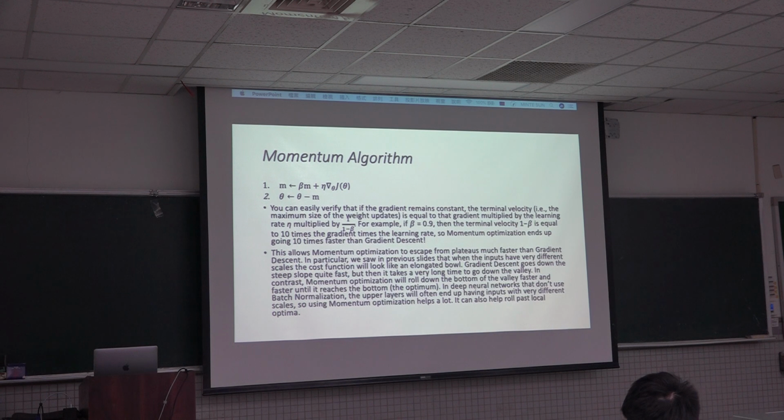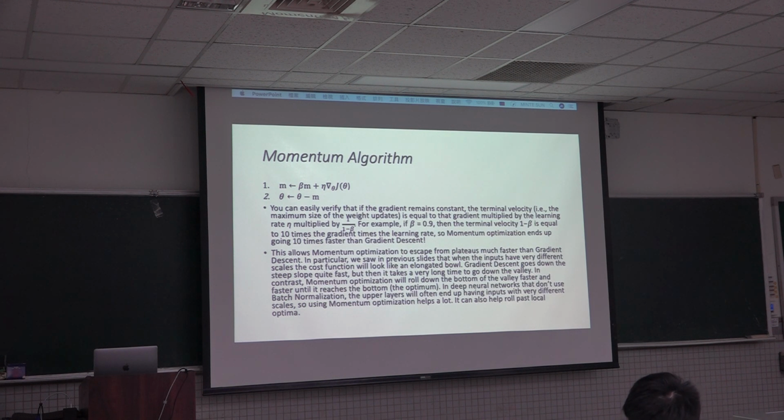In this range, this allows the momentum optimization to escape from plateaus much faster than gradient descent. If you remember, we drew some shapes where sometimes you need to move past a long plateau in order to reach the optimal location.